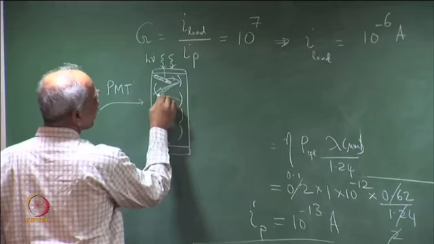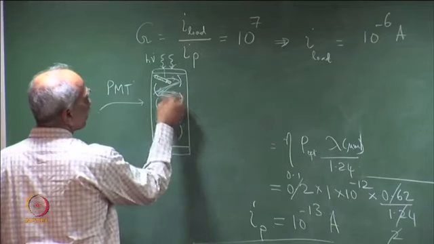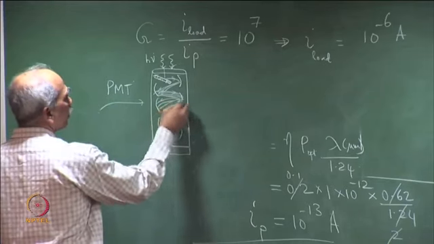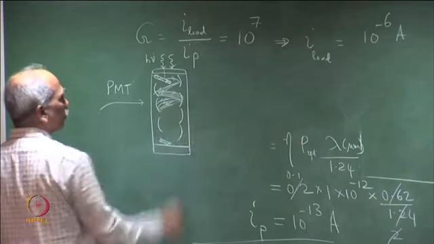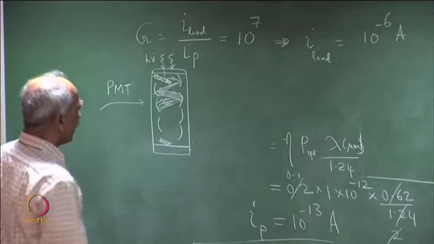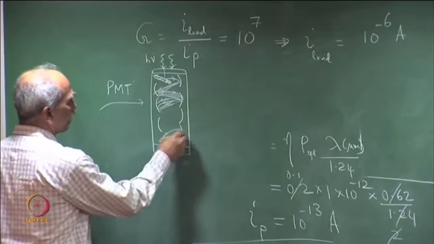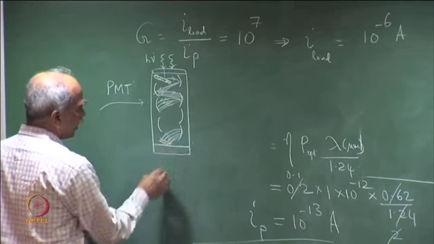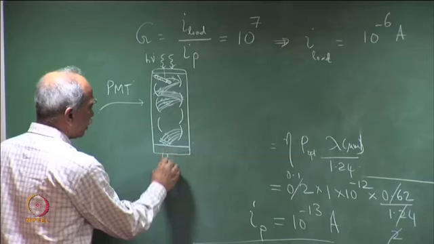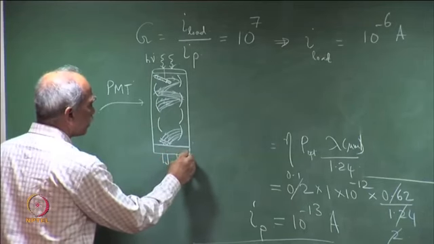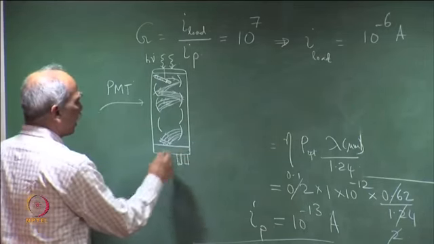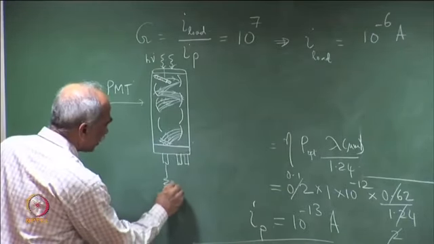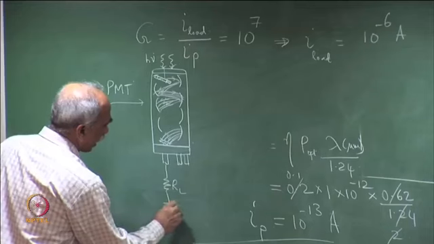From here it gets further multiplied to this dynode, and from there it is further multiplied to the next dynode. So we have an avalanche of electrons, and finally the last avalanche of electrons reaches the anode. Normally there are terminals to connect the power supply and the cathode current. This is passing through the load resistance RL, and here we have the output.